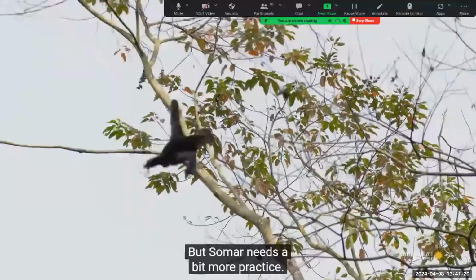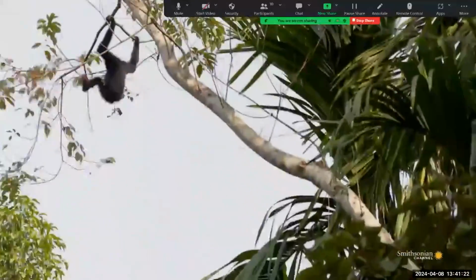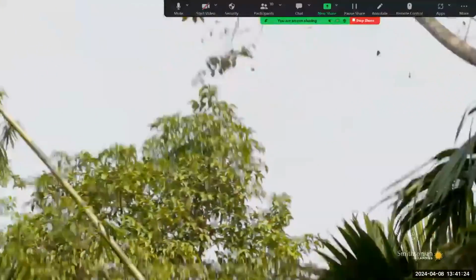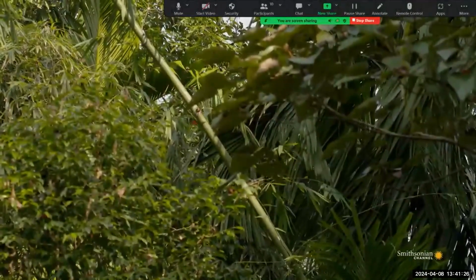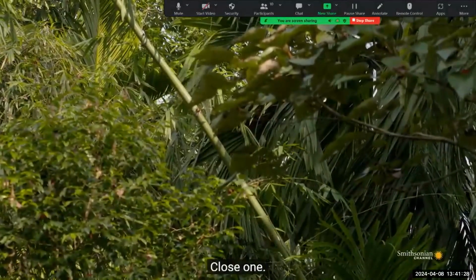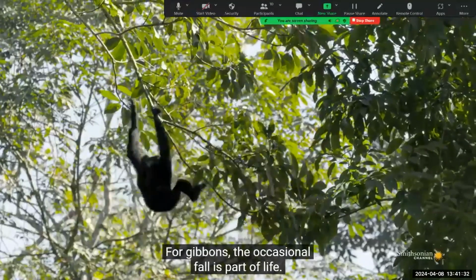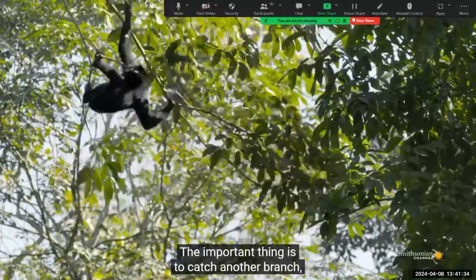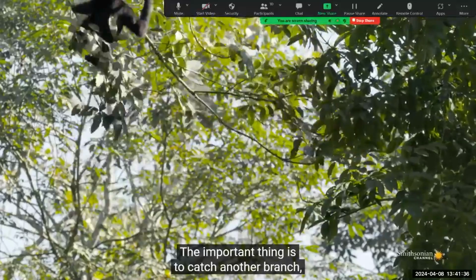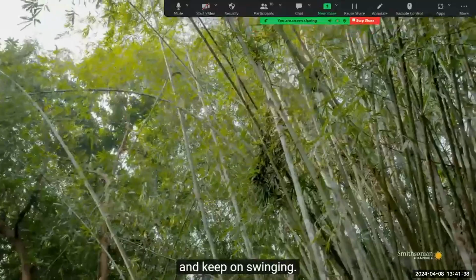But Samar needs a bit more practice. Close one. For gibbons, the occasional fall is part of life. The important thing is to catch another branch and keep on swinging.